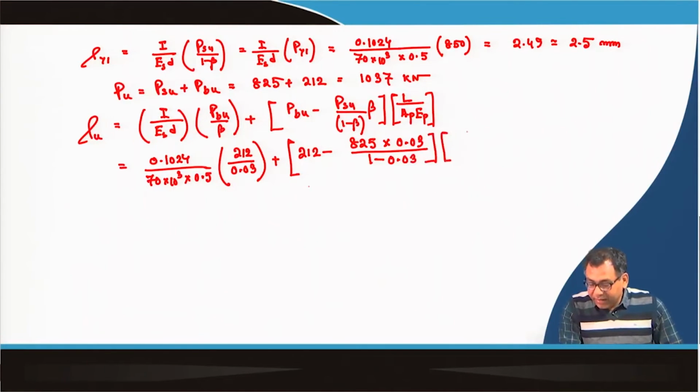Then length of the pile is 15, then area of the pile is pi 0.5 square divided by 4, and EP is 20 into 10 to the power 6.